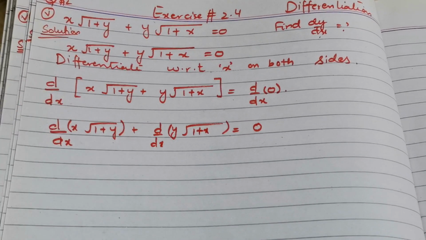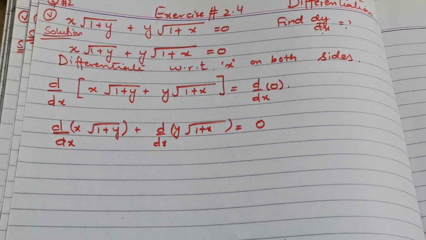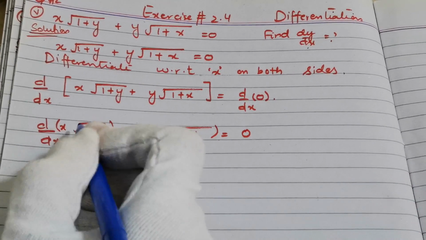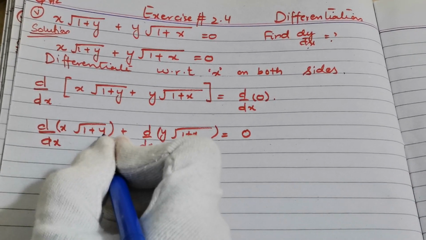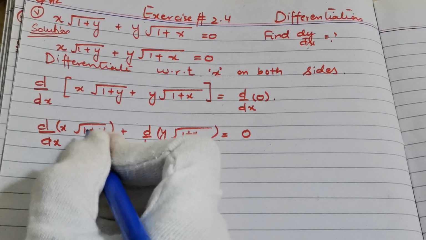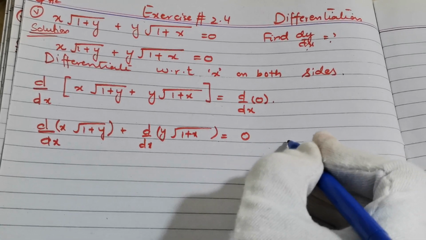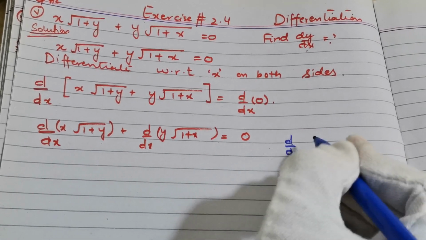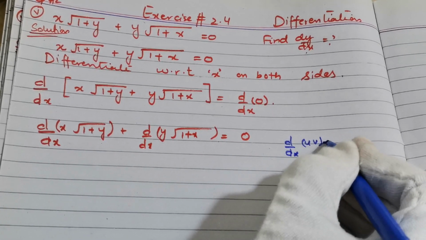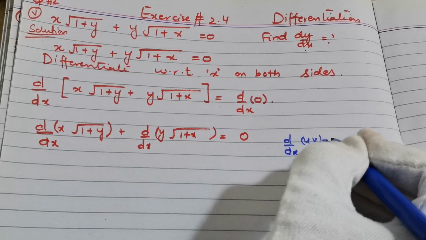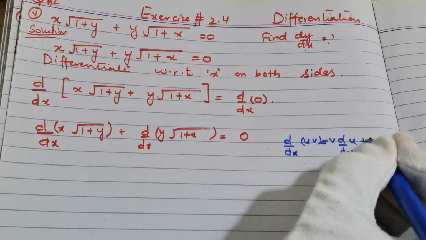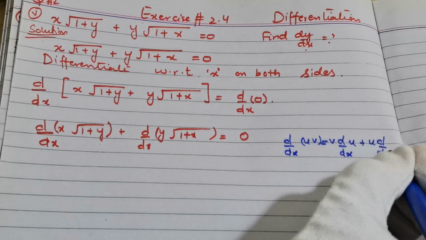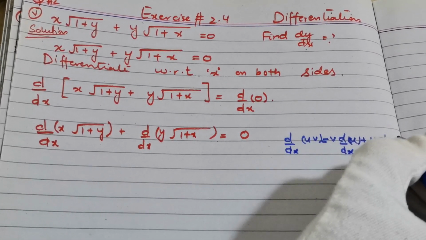So here we can apply the product rule, because this is a variable and this is a variable. x and y both are variables, and for the product of any two variables we differentiate using the product rule: v times derivative of u plus u times derivative of v.